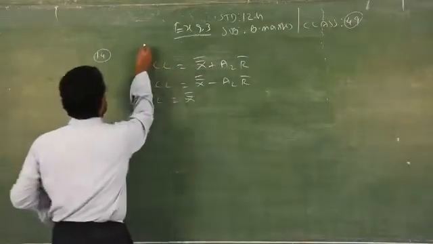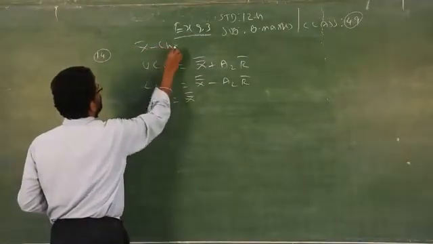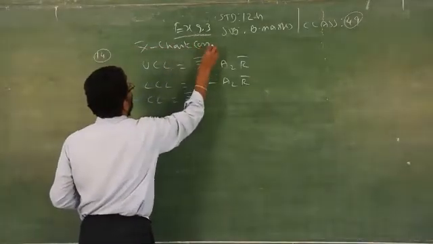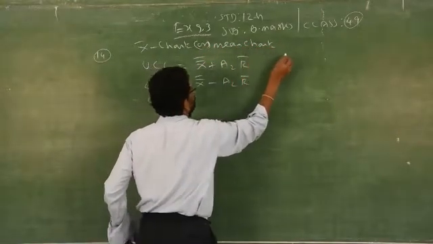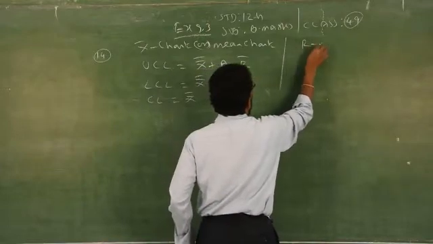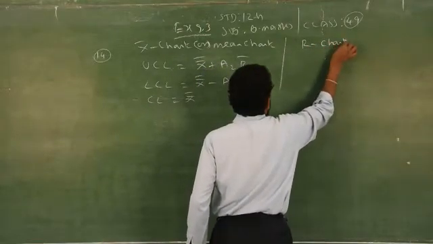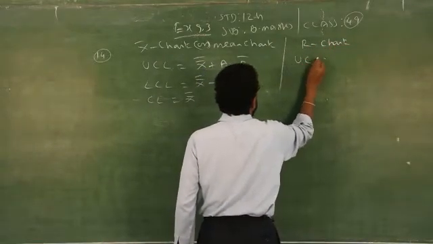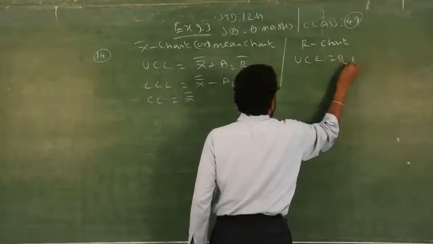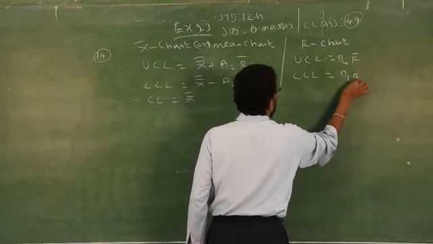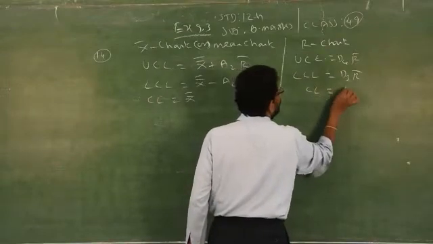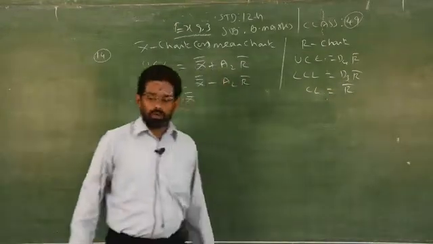This is for the x bar chart, that is the mean chart. The next one you have to find is the range chart, that is the R chart. The formula is UCL is D4 R bar, LCL is D3 R bar, CL is R bar. So you have to memorize.